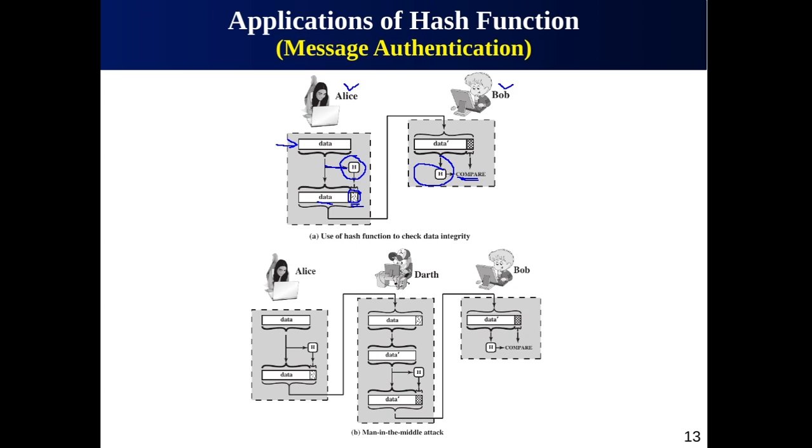So the concept is clear. We can use a hash function for message authentication, meaning an integrity check, and it helps the user to detect any changes made to the original file during transmission. But remember, it does not provide any assurance about the originality of the message.